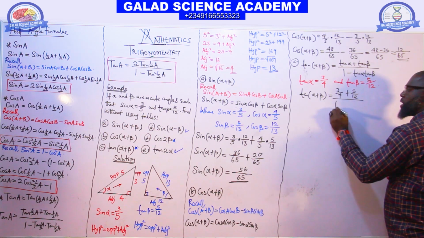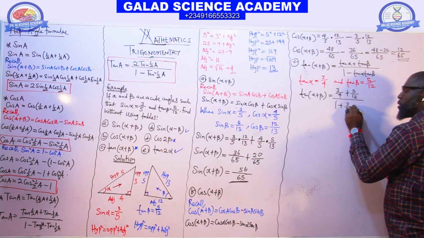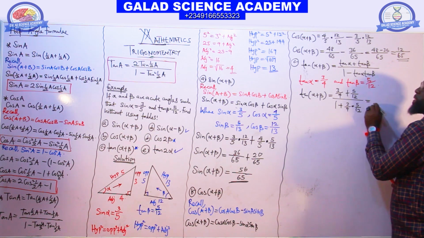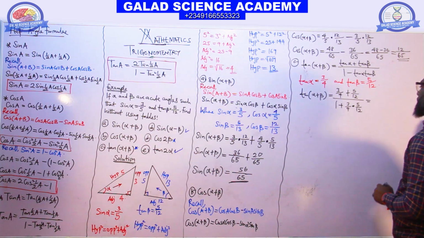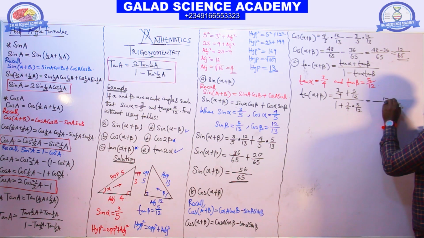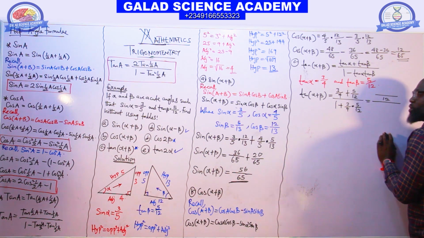Everything over 1 plus tan alpha, 3/4 dot 5 over 12. Find the LCM here. LCM is 12, or let me say 12 times 4, 48.